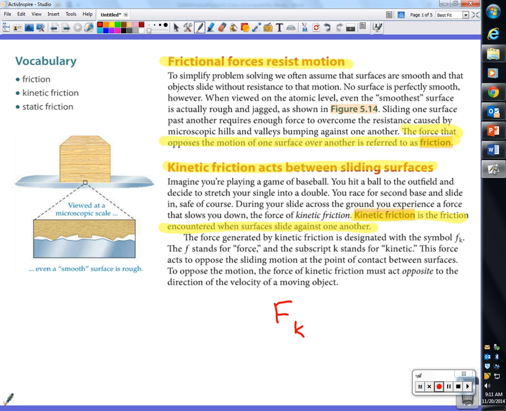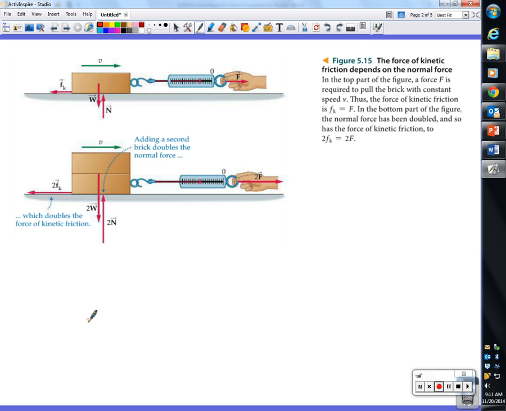And so, down at the bottom of the first page of your packet, you have figure 5.15. Unlike the example I just did in class, they're not causing this book to slow down as it comes across the table. They're actually applying a force to it and moving it across the table at a constant velocity.